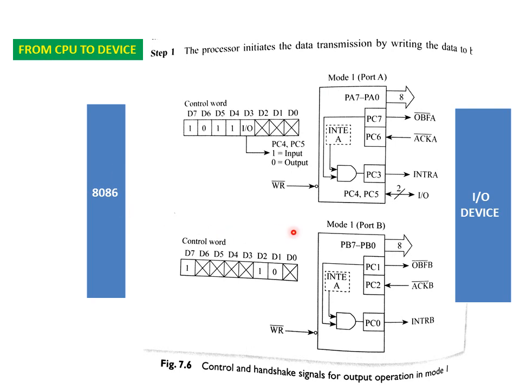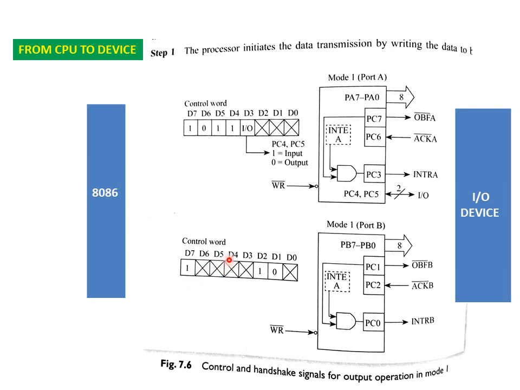Like this, port A or port B is used only for output transfer of information. In the previous case it was only input information; in this case only output information. Now see the control word below: D7 as 1 indicates IO mode.